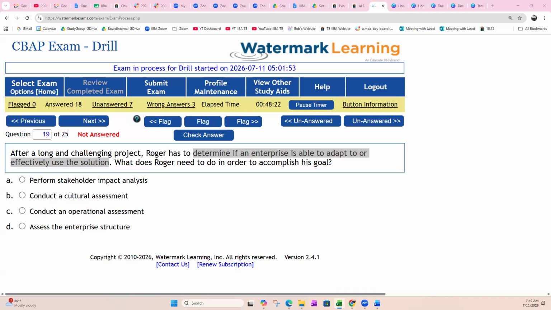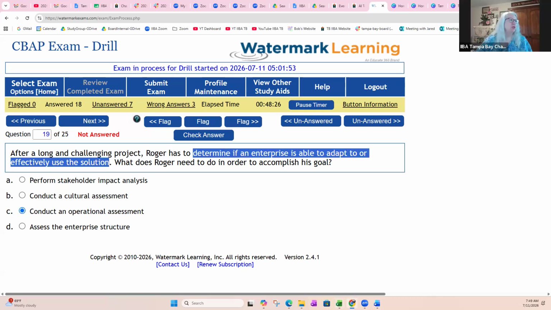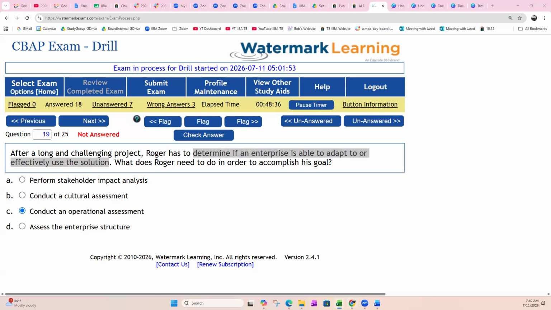Operational assessment. I've got one vote for C. Divided between B, Bahamas, and D, Denmark. An enterprise is able to adapt or effectively use.